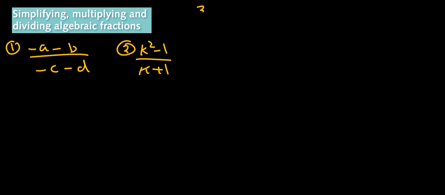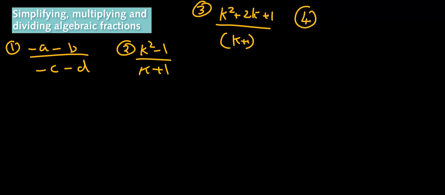Question 3, let's do question 3 up here. K squared plus 2k plus 1 over k plus 1. Let's do question 4 here. 2p squared plus 4p plus 1 all over p plus 1.